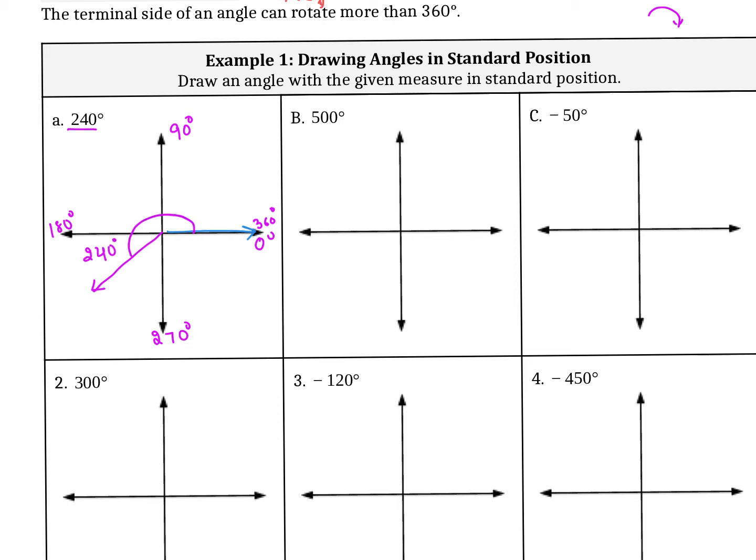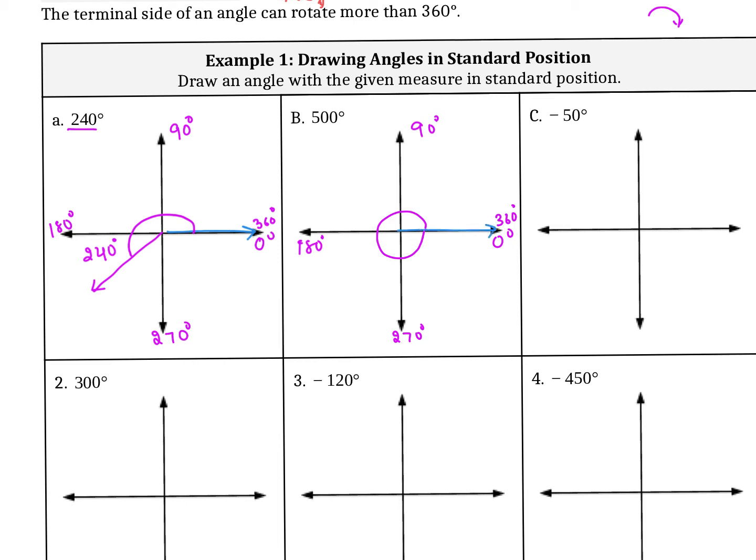For letter B, you're going to draw an angle that is 500 degrees. We already said that the terminal side of an angle can rotate more than 360. If we do this whole circle, 0, 90, 180, 270, and 360, it will come back to the original position after rotating 360.